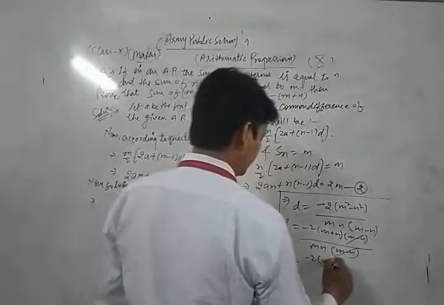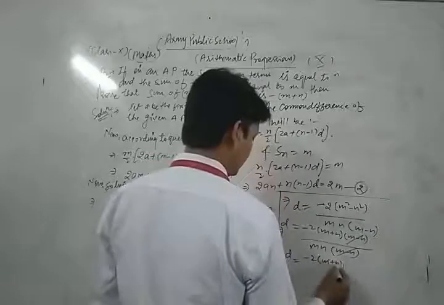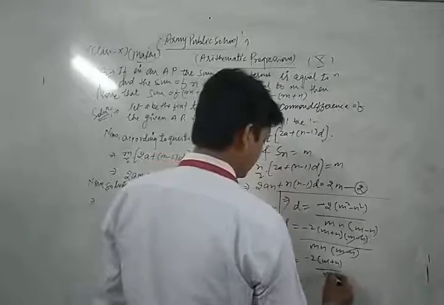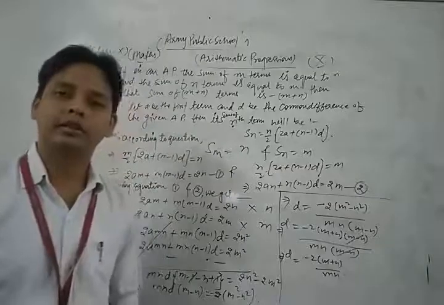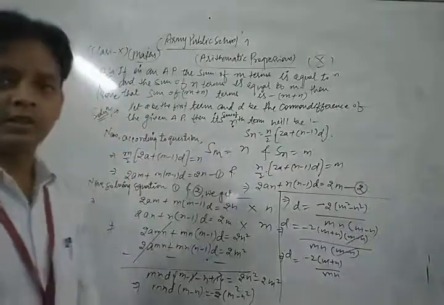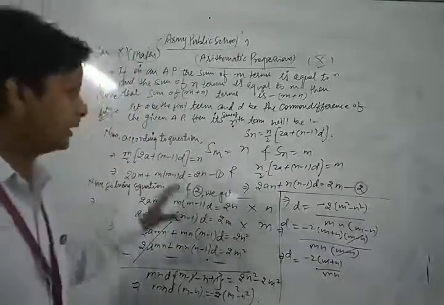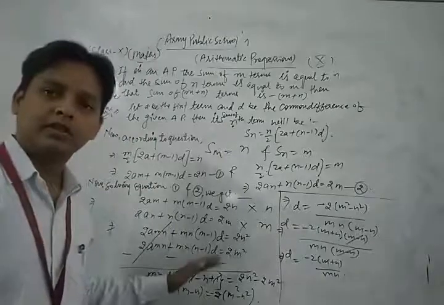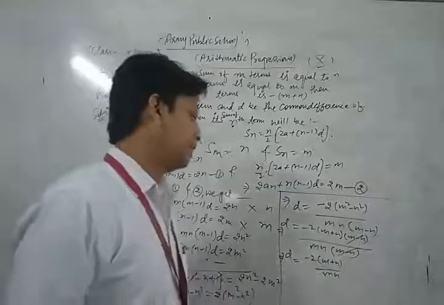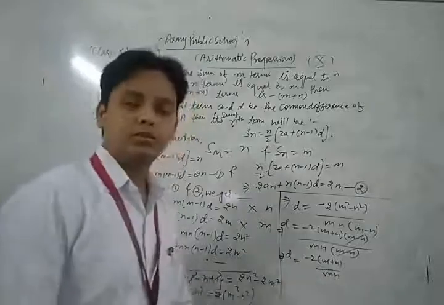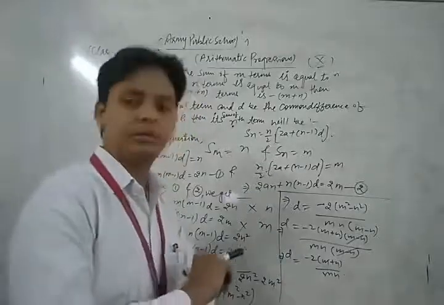Minus 2 (m plus n) upon mn. So this is the value of what? Common difference d. Okay, after simplifying that equation, we get the value of d as minus 2 (m plus n) upon mn.